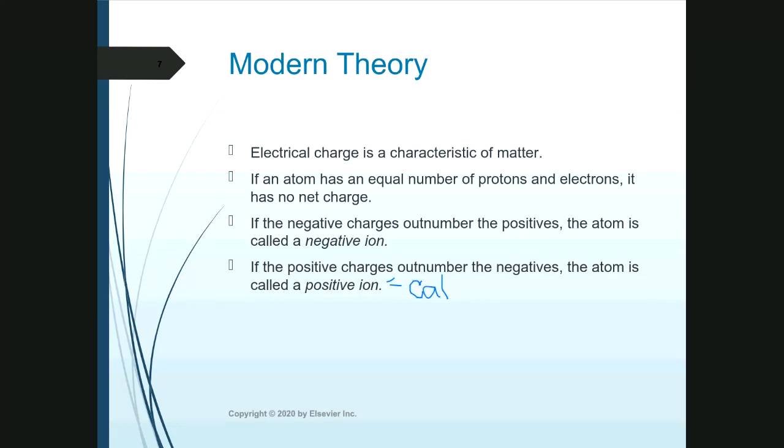C-A-T-I-O-N, a cation. Okay? If you had more negative charges than positive charges, you would have an overall negative ion. And a negative ion can also be called an anion. A-N-I-O-N. So a positive ion can also be called a cation, and a negative ion can be called an anion.